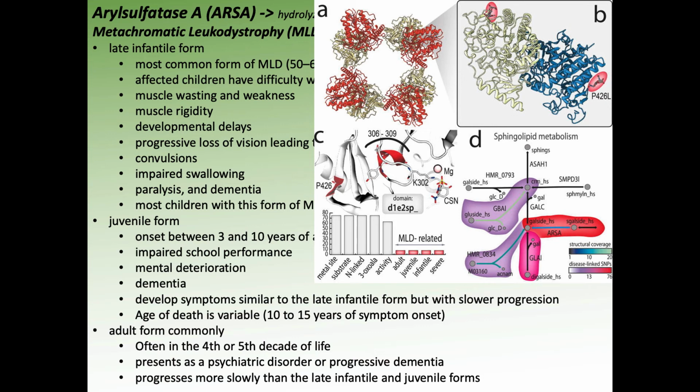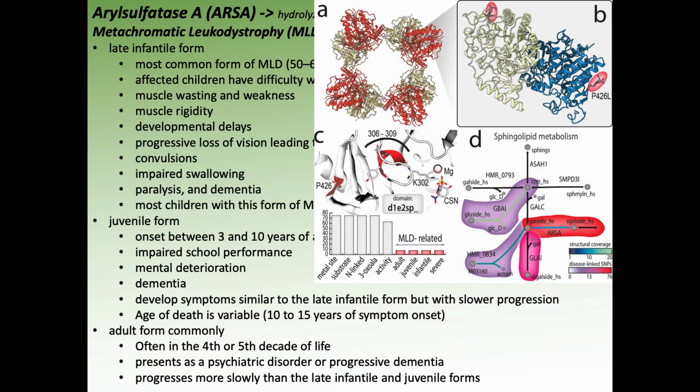So you can find specific variants, like this P426L variant, which is involved in some of the mechanistic progressions of the disease. This type of variation, or mutation, can lead to some significant changes related to the onset of, or susceptibility to, MLD.